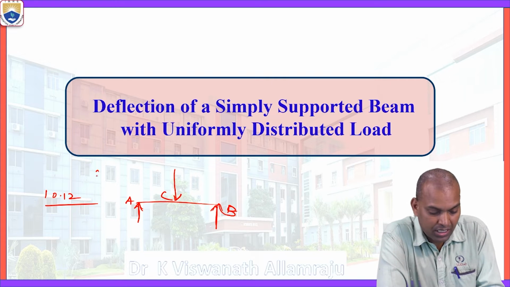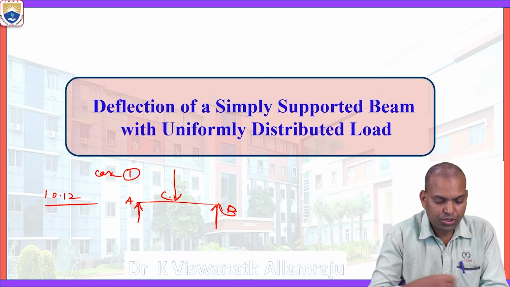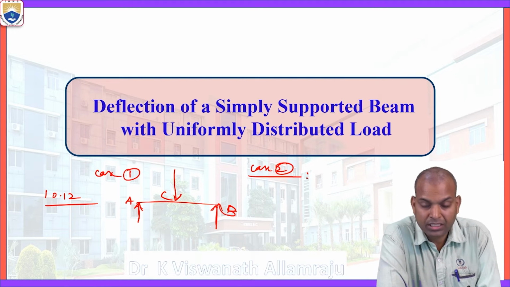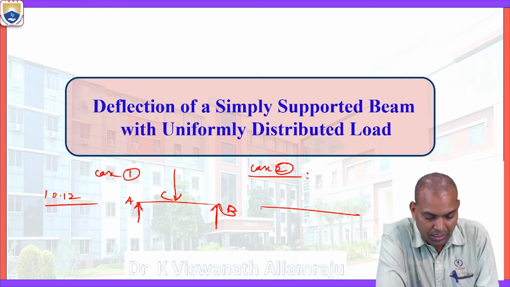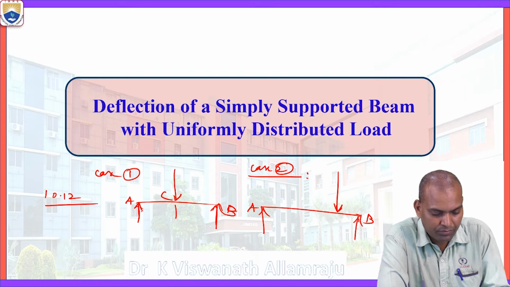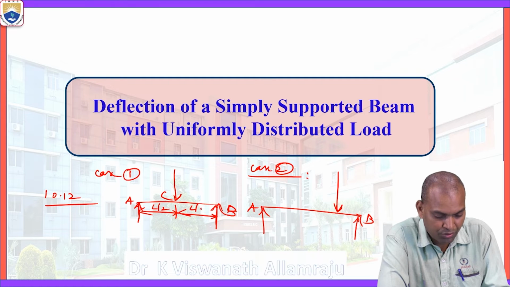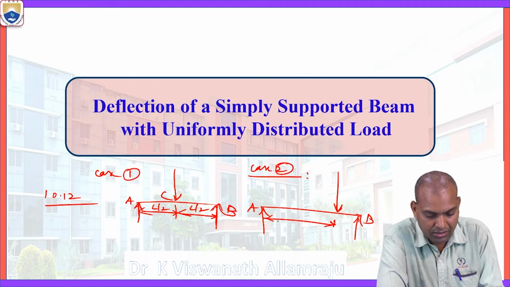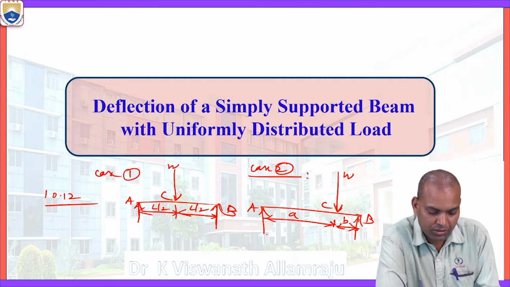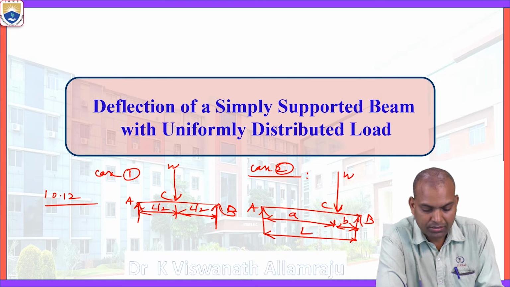Case 2, we have studied by using the double integration method, a simply supported beam having an eccentric load. In case 1 it is L by 2, the center load, whereas here it is A from the left support and B from the right support.